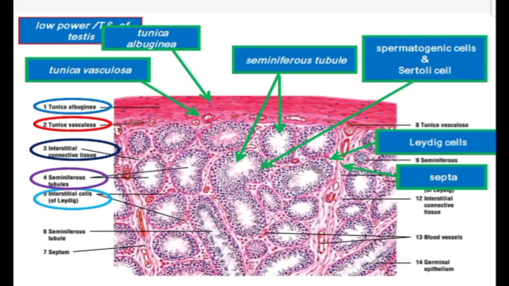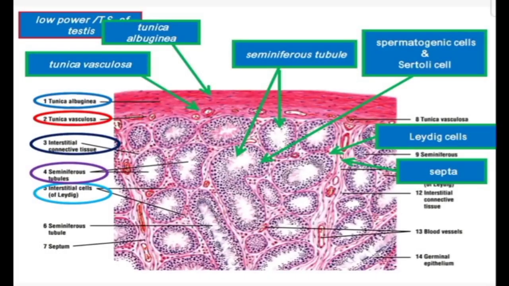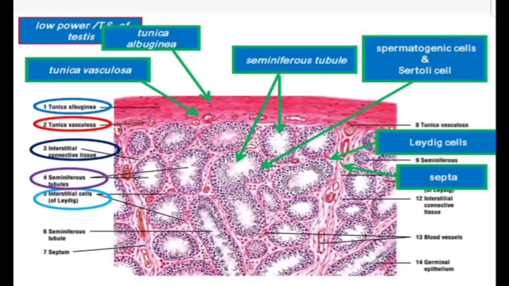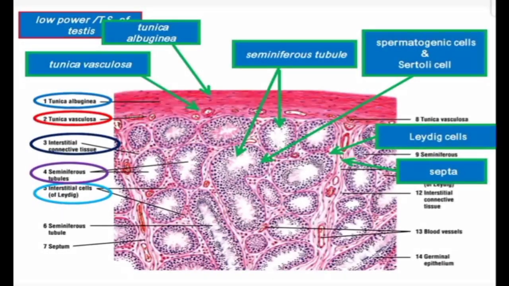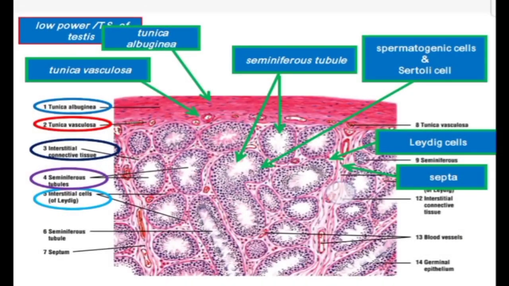This is the microscopic picture of the testes. When we see under the microscope, you will find the tunica albuginea. Let's start from the tunica albuginea. Then we have the tunica vasculosa. This, underneath the tunica albuginea, is an area which has a lot of blood vessels. It is very vascularized connective tissue actually. Then these are the seminiferous tubules.